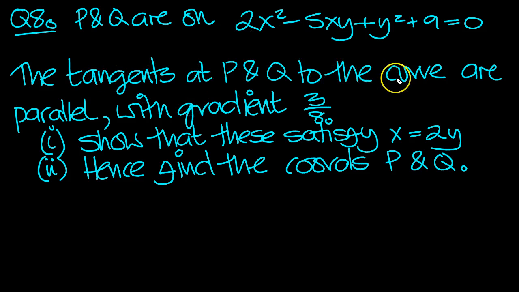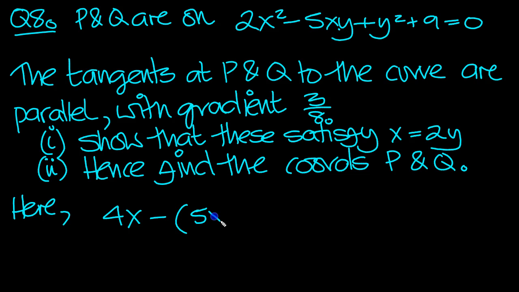The tangents at P and Q to the curve are parallel, so let's get dy/dx, and they have gradient 3/8. So here we need to do implicit differentiation: 4x, differentiating with respect to x term by term, minus, this is a product, so we'll keep the minus outside, u times dy/dx plus v, which is y, times du, which is 5.